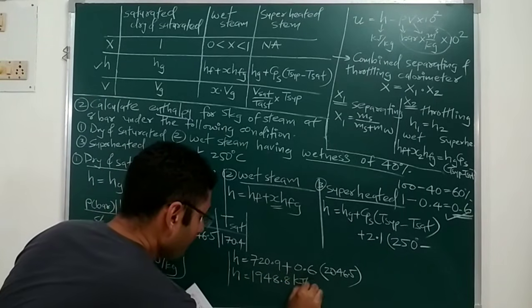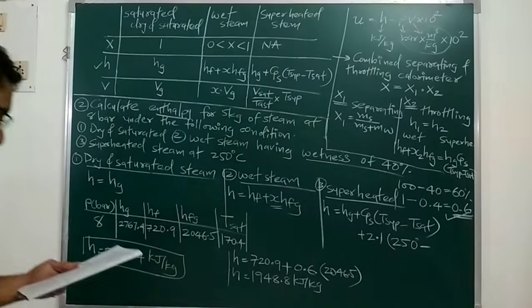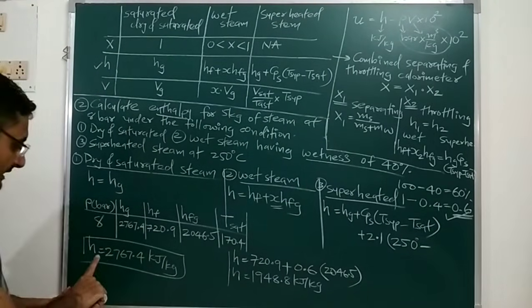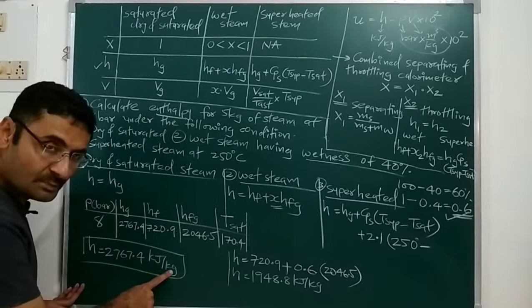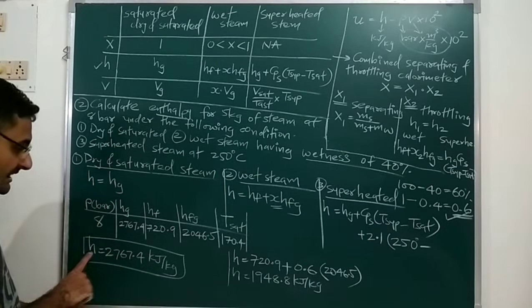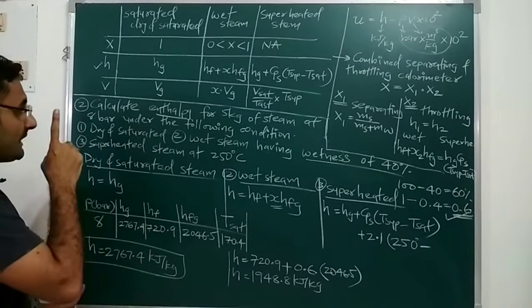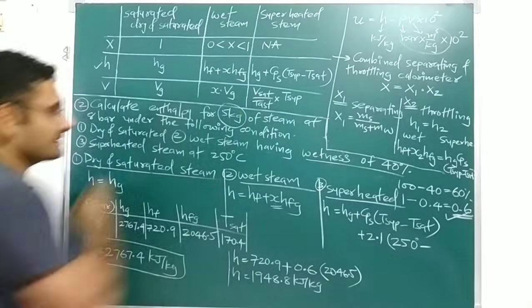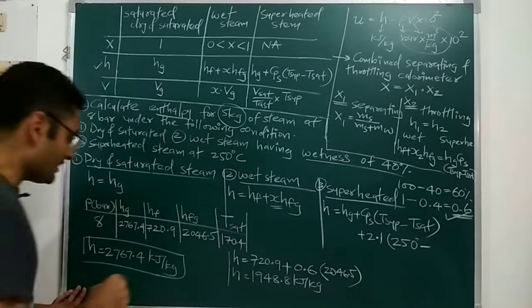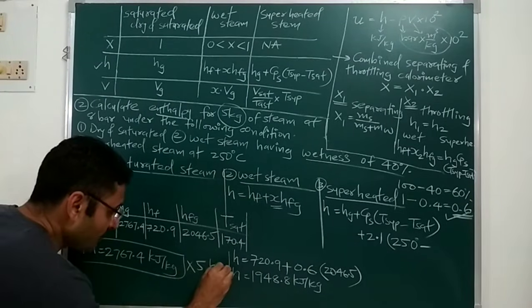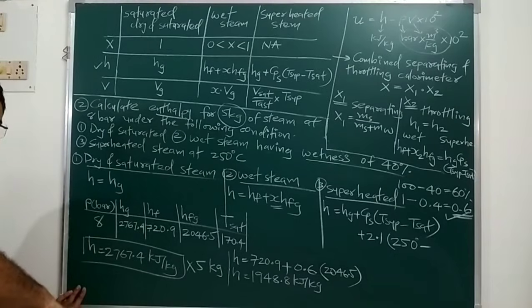1948.8 kilojoule per kg. Now remember this thing, that over here answer you are calculating H is equals to that much kilojoule per kg. That means that enthalpy is for 1 kg of steam. Now actually in our numerical, how much kg of steam is given? 5 kg of steam is given. So that answer you will multiply with 5 kg. Then only you will get the enthalpy for 5 kg of steam.